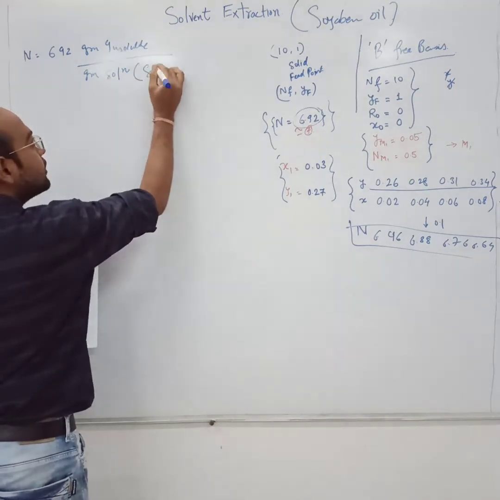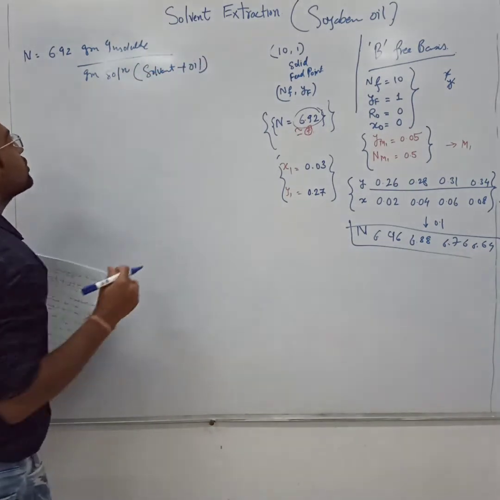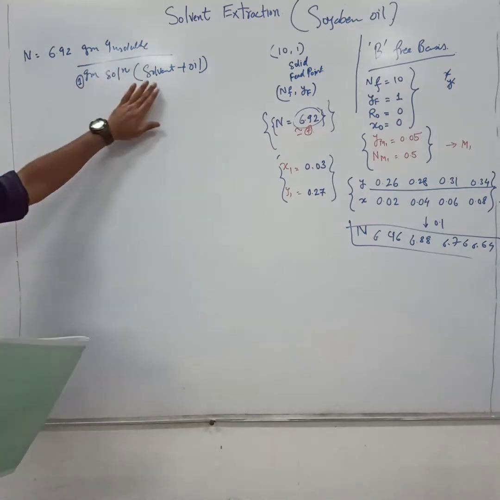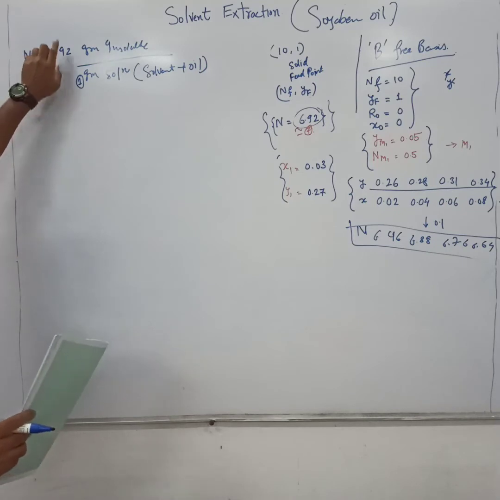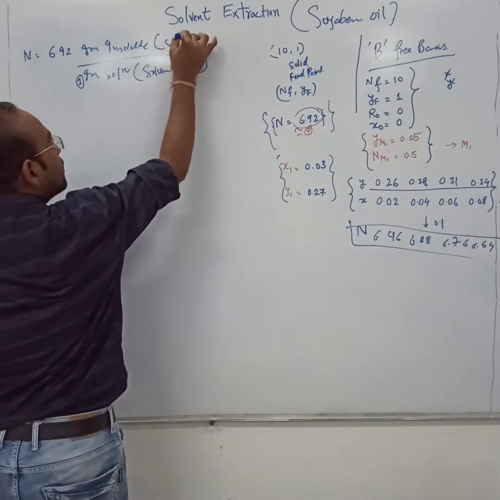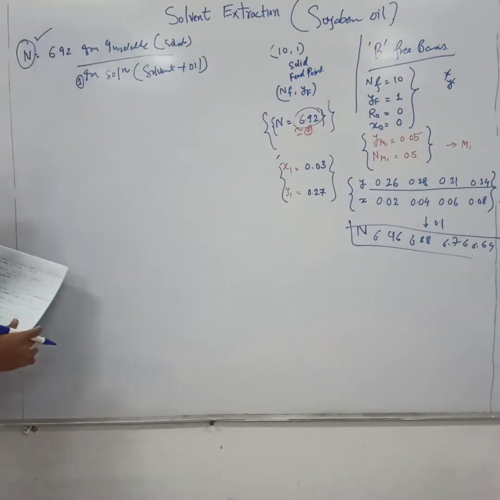Solution of what? Solution of solvent plus oil. A mixture of a single 1 gram of solvent plus oil contains 6.92 grams of solid, or insoluble, materials. That is what is represented by your n.